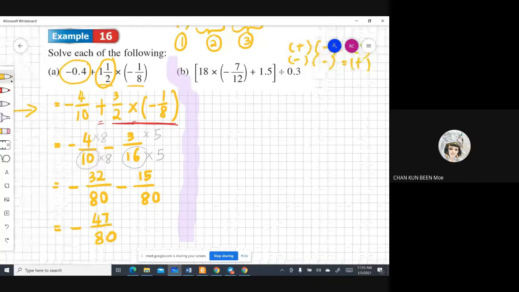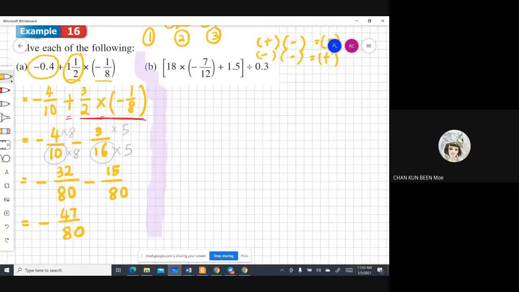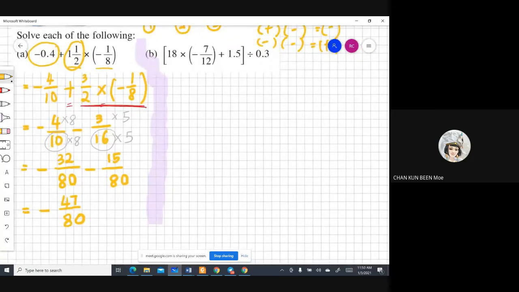B. Everybody look at B. 18 times negative 7 over 12 plus 1.5 divided by 0.3. So we have a whole number 18 here, the fraction, the decimal. So it's easier for you to change the decimal into fraction. So therefore, this is equal to still the same. 18, you can change to the fraction 18 over 1 multiplied by negative 7 over 12.